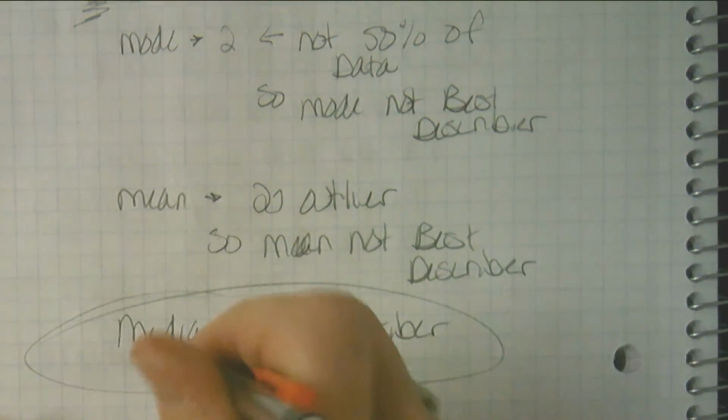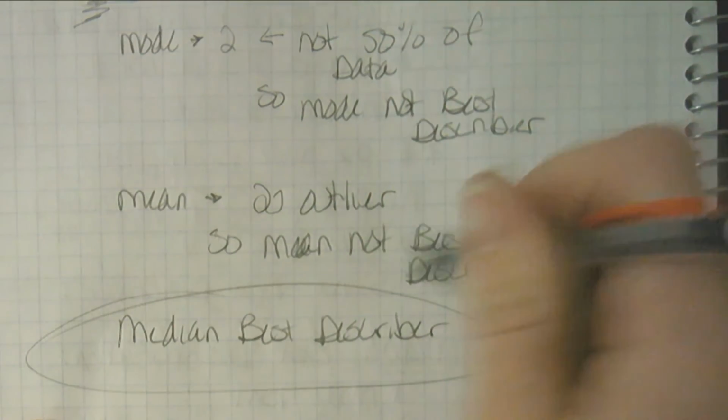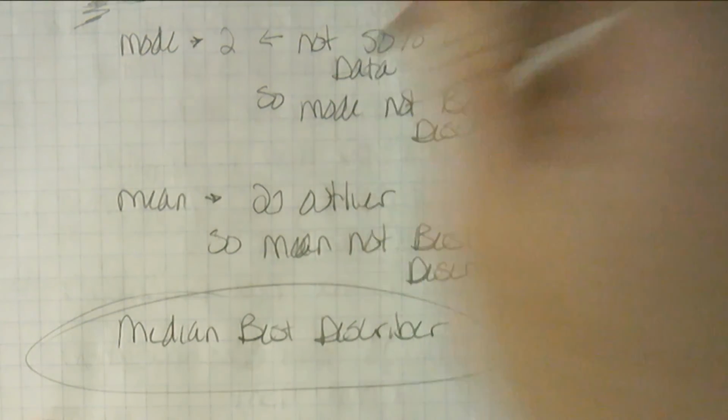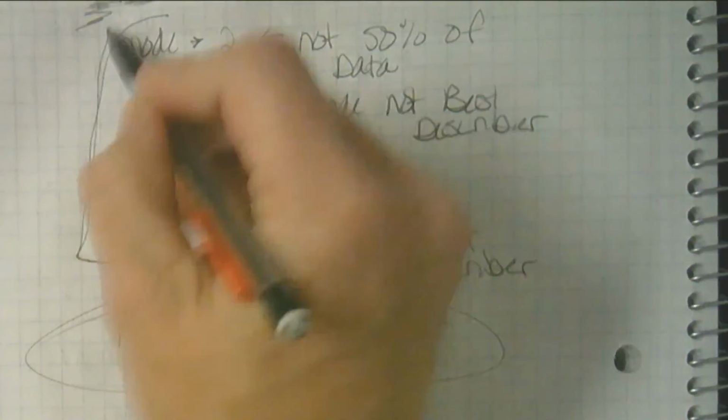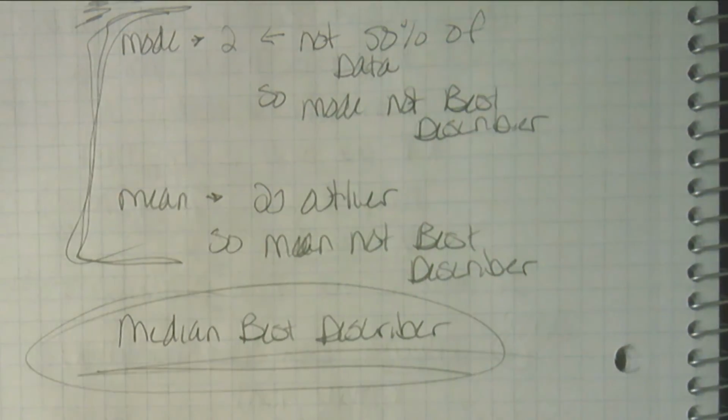You have to tell me median is, and you have to tell me why. Because mode is not the vast majority, and there is an outlier. So you need to state these two things to prove that median is your best describer. If there was no outlier, you simply would say median is your best describer because mode isn't, and there is no outlier. So you have to state those things. Are you guys cool? Okay. Yes.